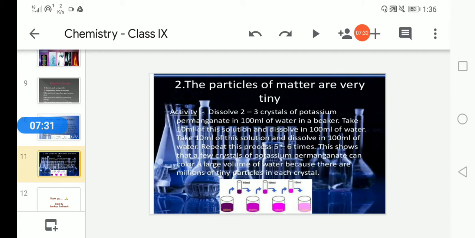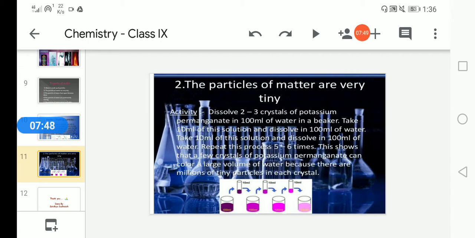Here we are adding 2 to 3 crystals of this potassium permanganate to the first beaker containing 100 ml of water. Then stir it well. Then we will get a dark violet color solution of potassium permanganate.